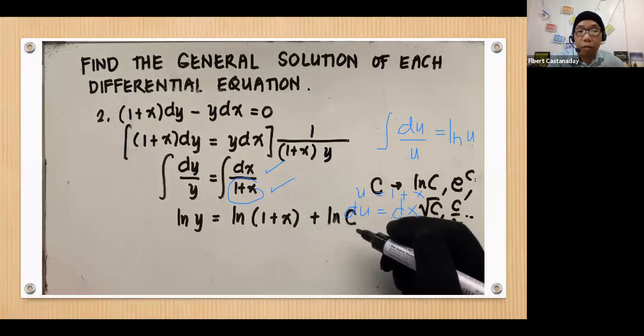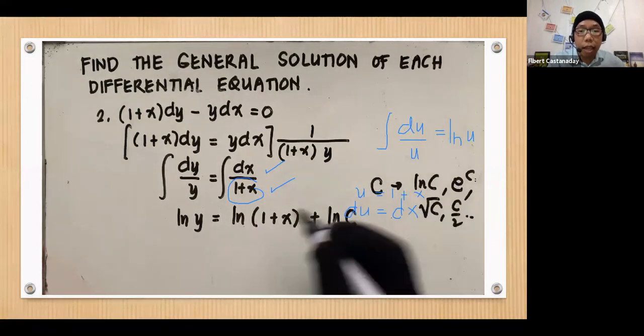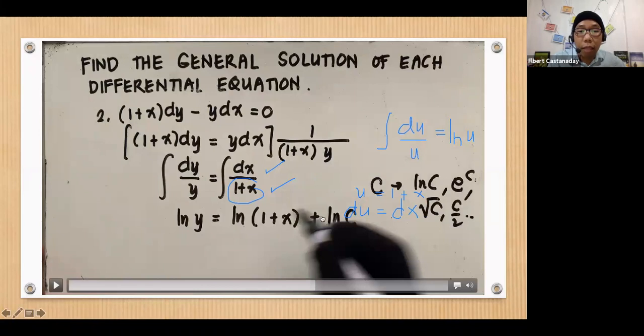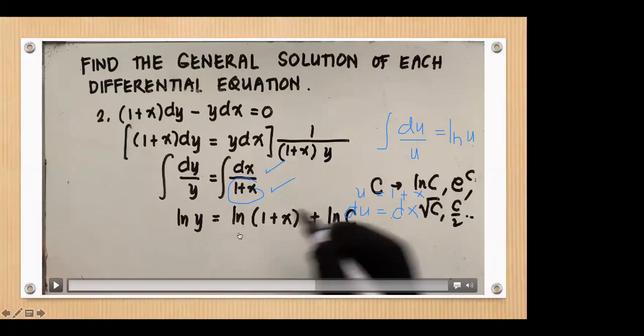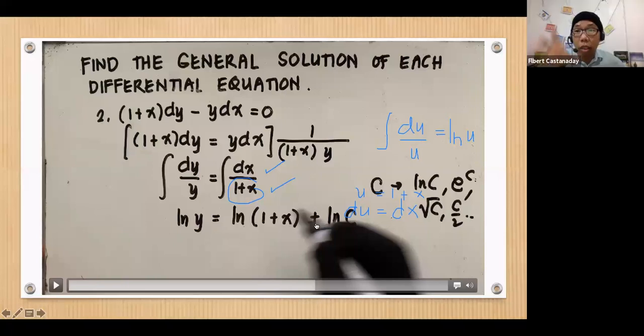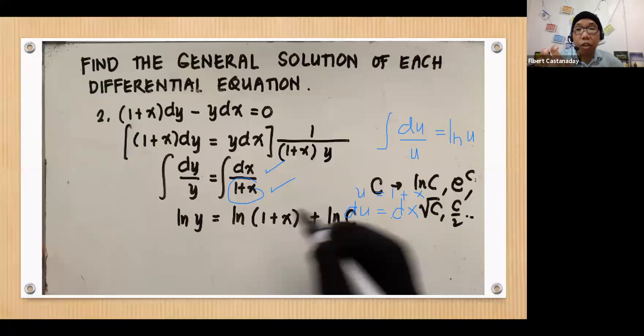So kapag nakaganitong format, guys, ln of 1 plus x plus ln of c, I can rewrite them into one term na lang. Yung property ng logarithmic functions. Do you remember that property? Again, just a recall for the benefit of those who have forgotten.